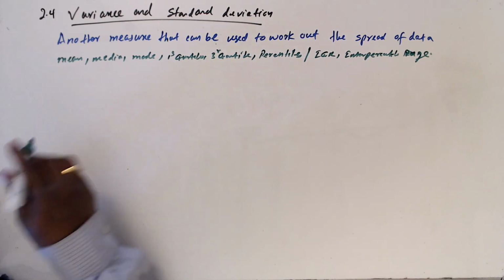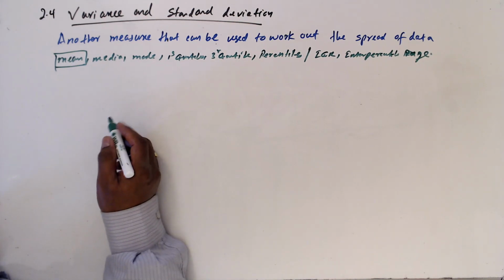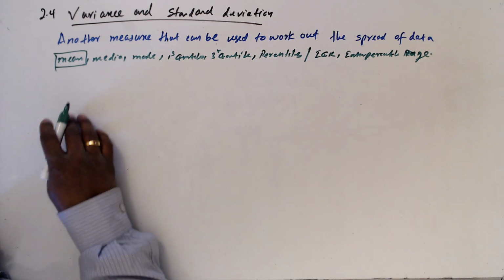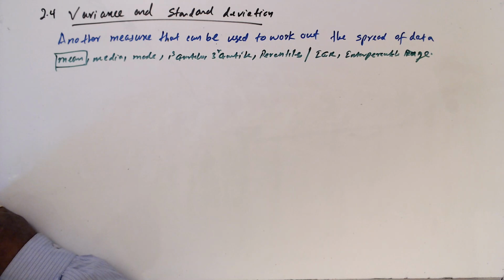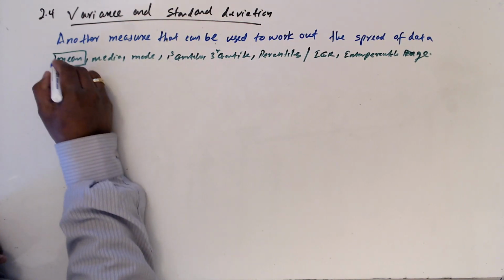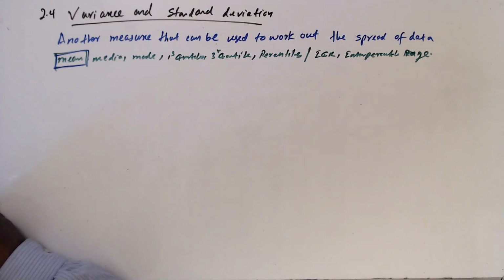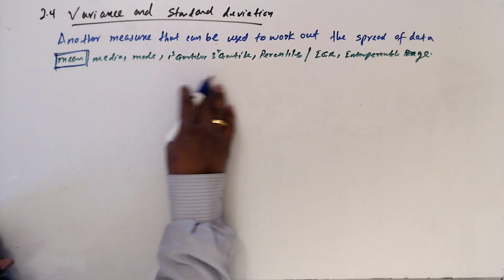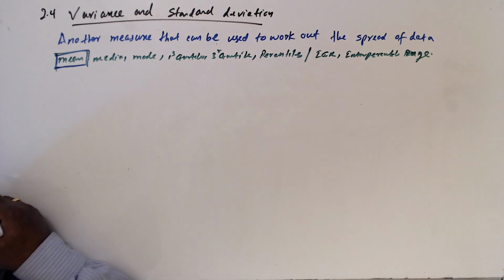Out of that we know that mean is a strong one, because all the data contribute to make the mean. When we find the mean, we are adding up all the data and dividing by the frequency. Looking at all the measures of spread and location, I think mean is a trustworthy one.